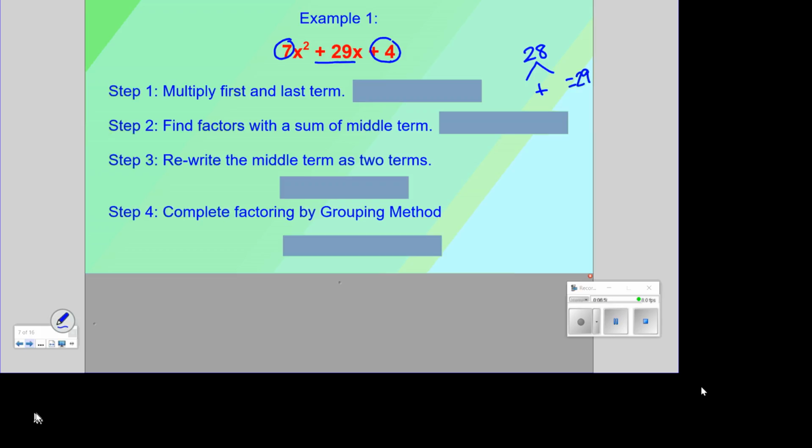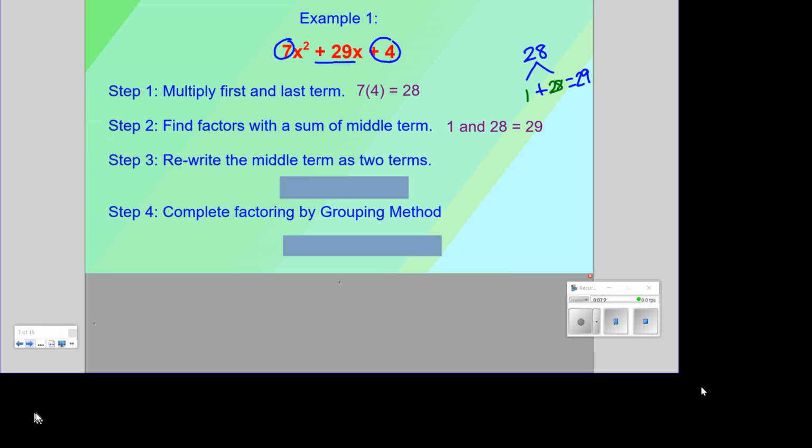So it's similar, but the number we're finding factors of is found by the coefficient and last term. So we multiply the first and last term, and you can ignore that x squared for the most part. We're really just focusing on the numbers there. So that's 28, and we want factors of 28 that have a sum of 29. So those factors will be 1 and 28 in this case.